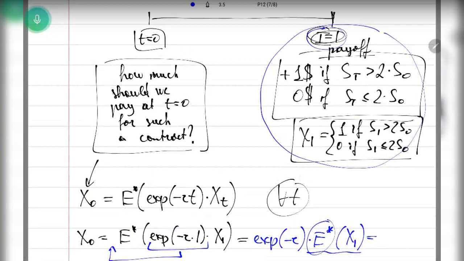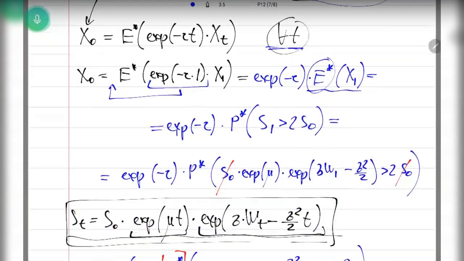It's easy to understand that if the contract pays you $1 at time 1 under some conditions, then this contract is worth $1 under these conditions at time 1. So it's easy to calculate the price at time 1. If you see that the condition is satisfied, you should pay $1. If it's not satisfied, you should pay $0 for this promise. And hence we just calculate the expected value.